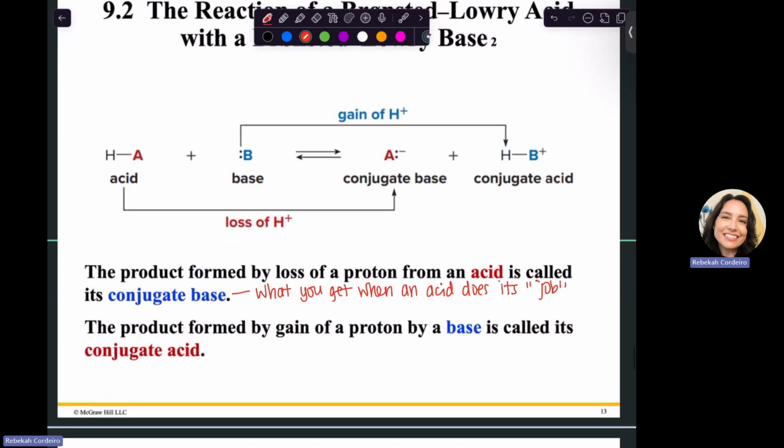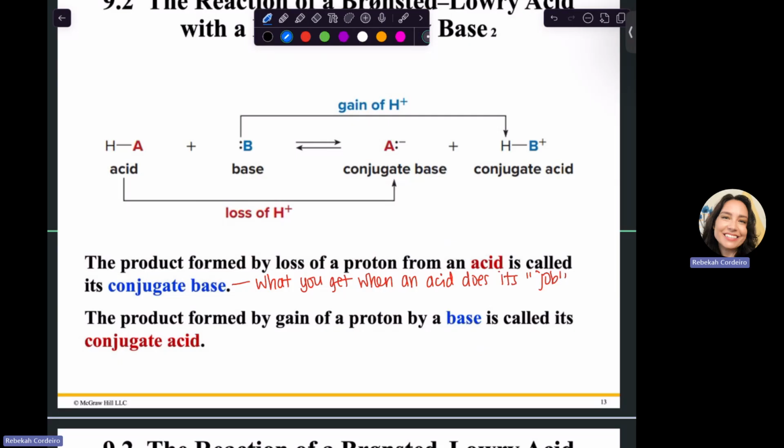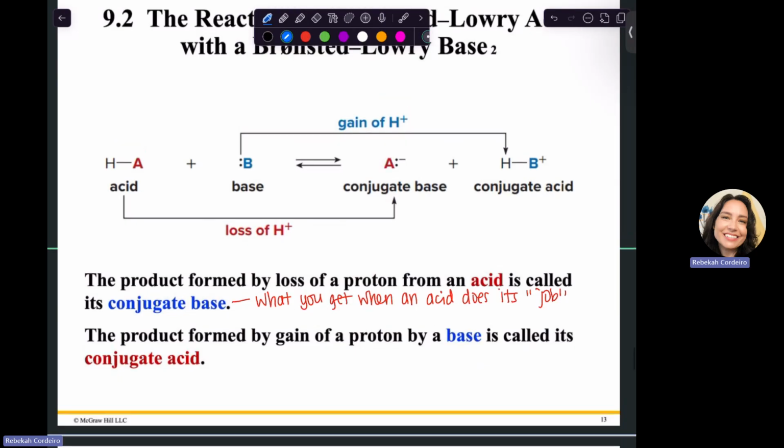Again, the opposite would be the base. So the base's job is to accept. What you get when the base accepts is called the conjugate acid. So the conjugate acid is what you get when a base does its job. So it's really important to remember what the job of an acid and the job of a base is, and then you can kind of figure out these conjugates.